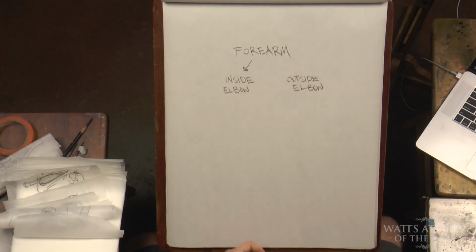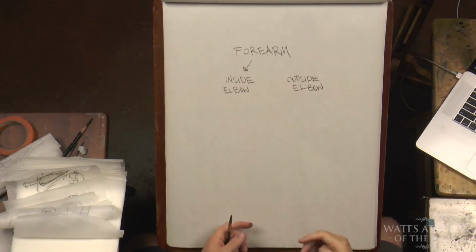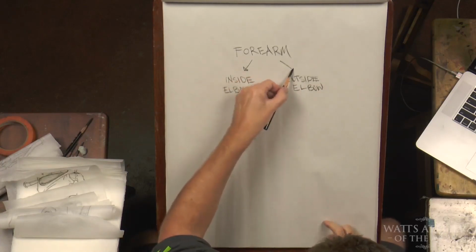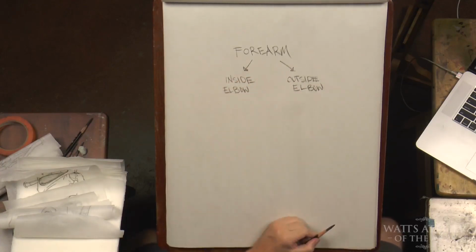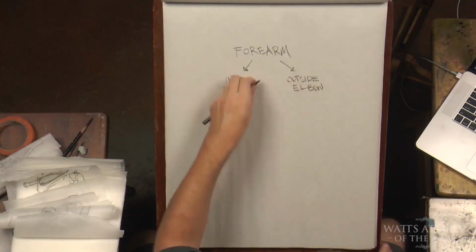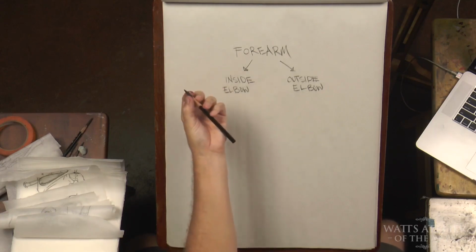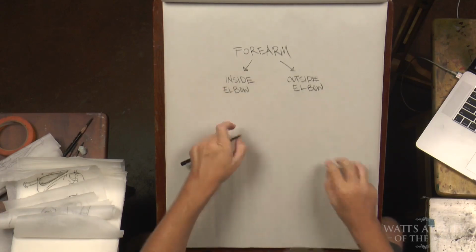Those are basically connection points. So when you're looking at a forearm and you're trying to figure out what you're looking at, you got to think, okay, wait a minute, what am I seeing here? Am I seeing the inside of the elbow or the outside of the elbow? Both the inside and outside of the elbow are connection points for key things, right?